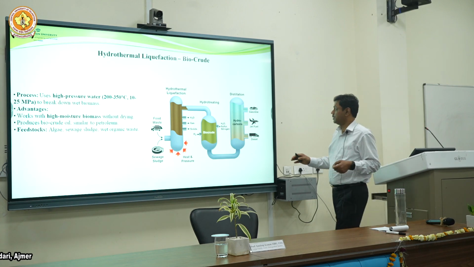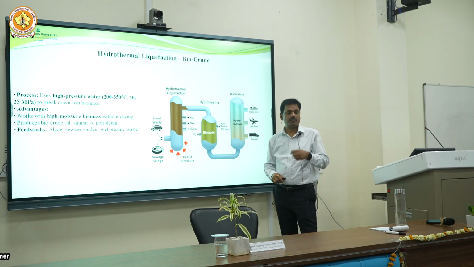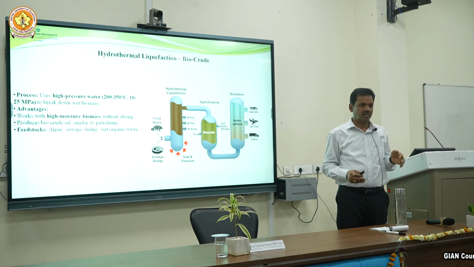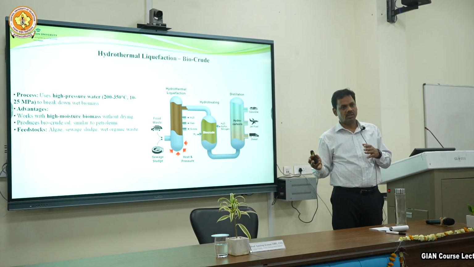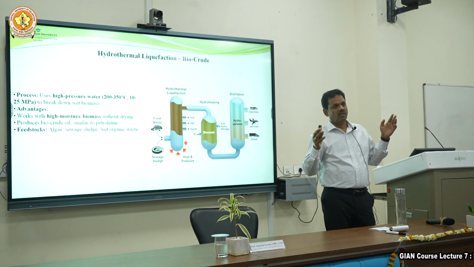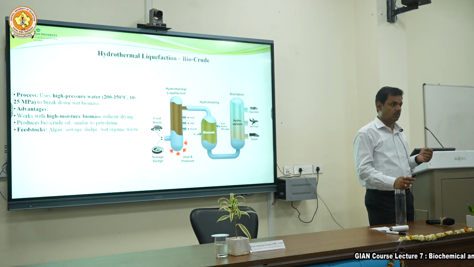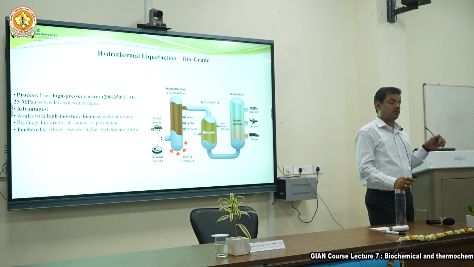Okay? So this is typically done to make biocrude at 350 degrees Celsius, 320 degrees Celsius. In subcritical, you don't go to 400 because it gasifies. So 320, 350, 300 is a good range for making biocrude using hydrothermal process. Now if you compare with pyrolysis, there also you make oil.